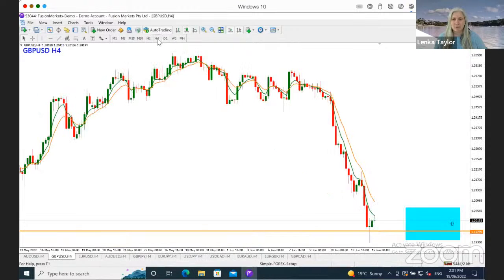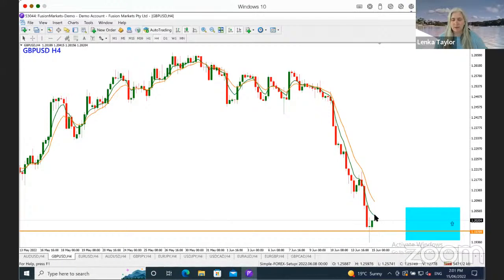And if there is a reversal, we're going to look for a long opportunity. Okay, so at the moment, we've just touched that area. We need to wait for some price action to show us that there is a potential reversal.